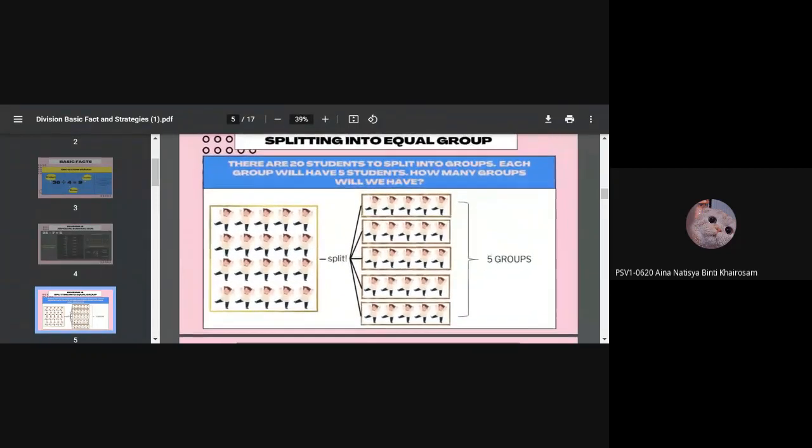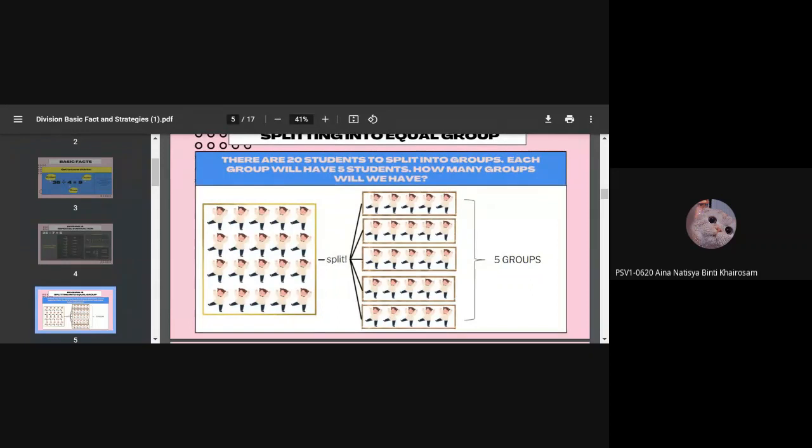There are 20 students here, and we want to separate them equally, each 5 students, we split them, until there are no students left. So we get 4 groups.